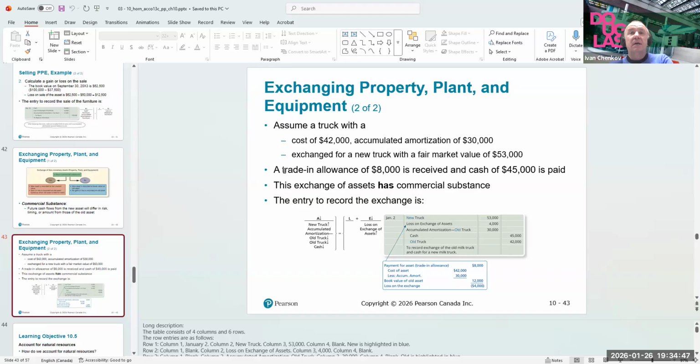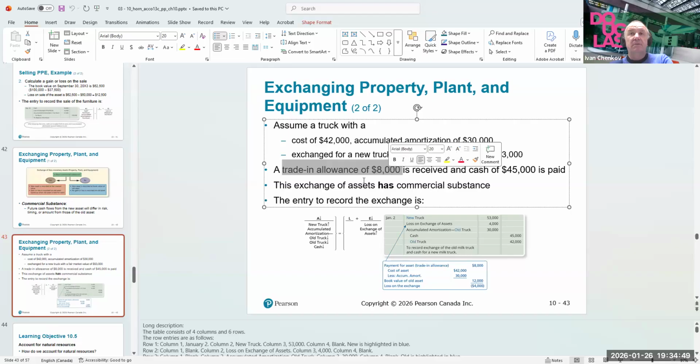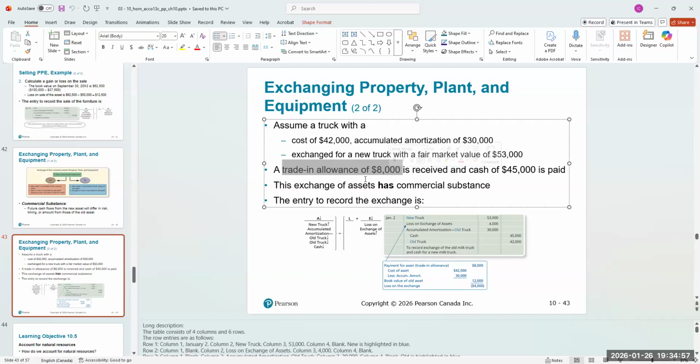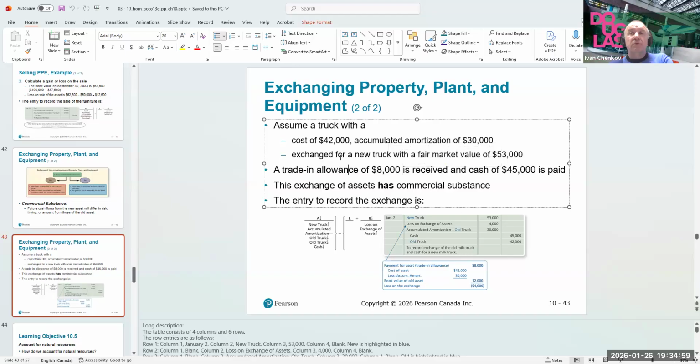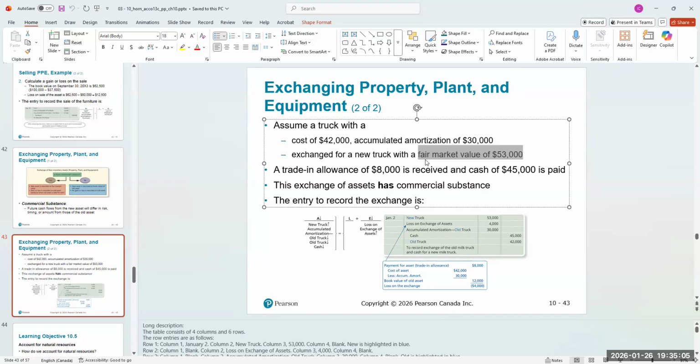Do you understand this idea with the trade-in allowance of 8,000? I'm still a bit foggy with the concept. Can you clarify? I have to pay 53,000, correct? Yeah.